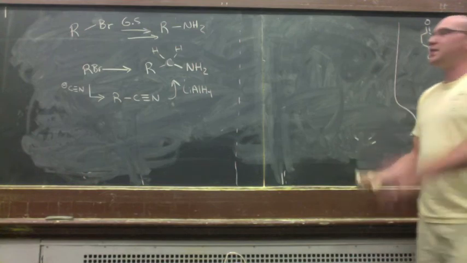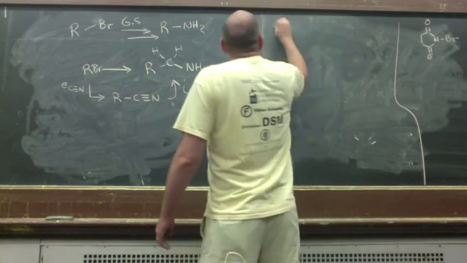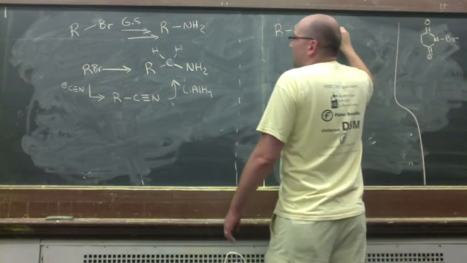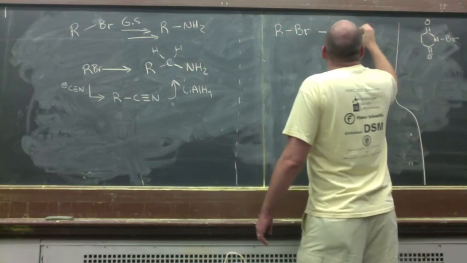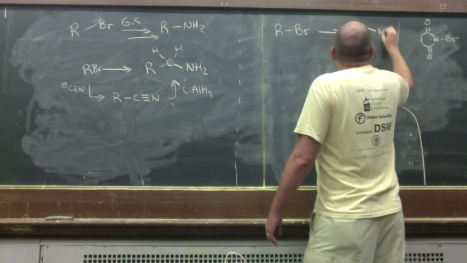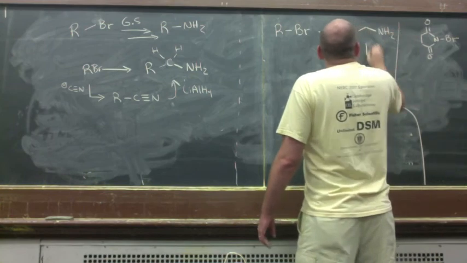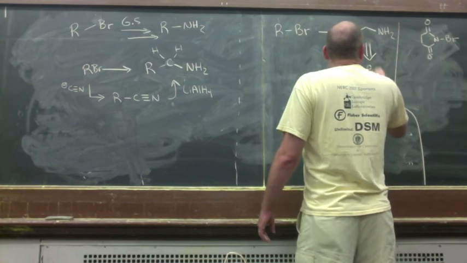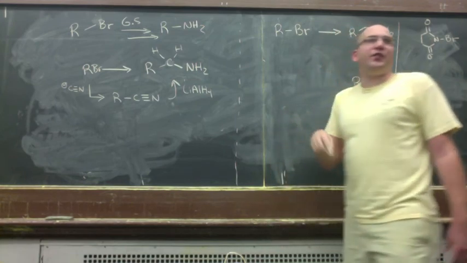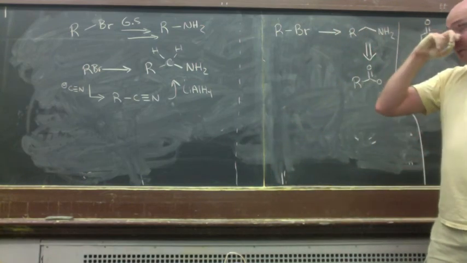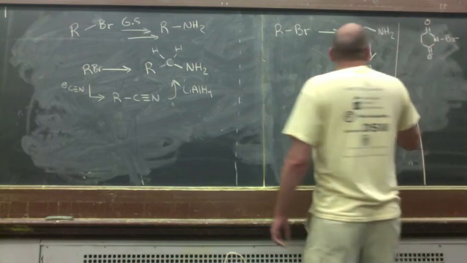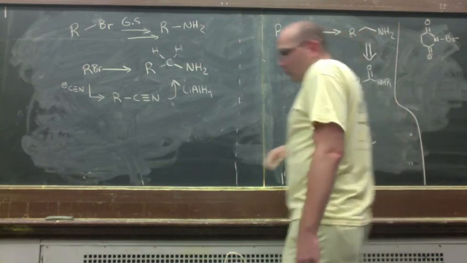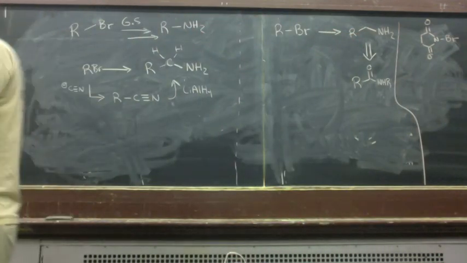So again, depending upon the synthesis that you would do, it might be longer, but if you want to do this in a different way, it turns out that you can also do LAH. And this is where the sort of 50-50 comes out. Like, what happens when you reduce an amide?